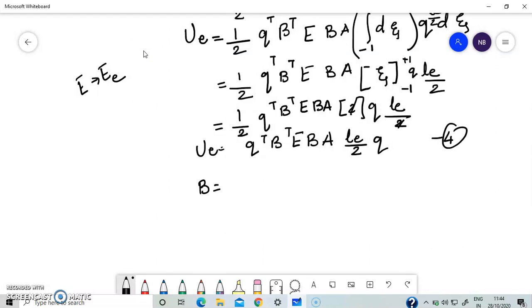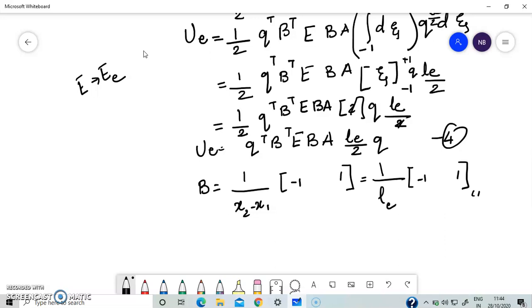We know that the B matrix is given by 1 upon x2 minus x1 times minus 1, 1, where x2 minus x1 is nothing but the length of the element. This is a 1 by 2 matrix. So B transpose will be given by the rows interchanged into columns, and this becomes a 2 by 1 matrix.